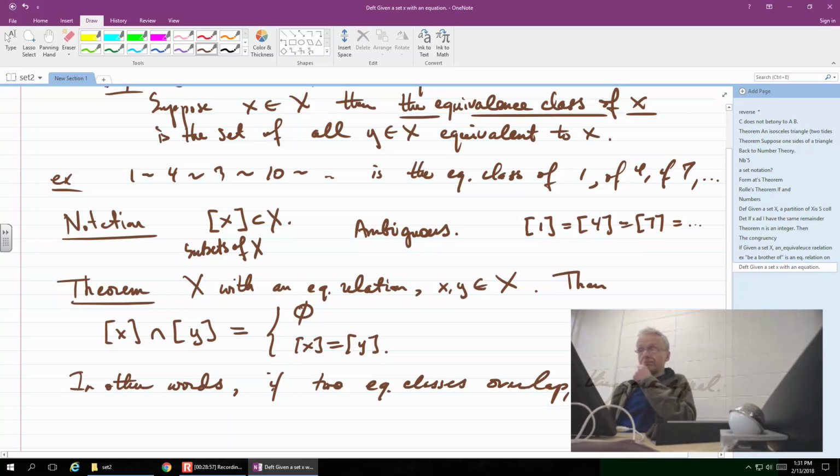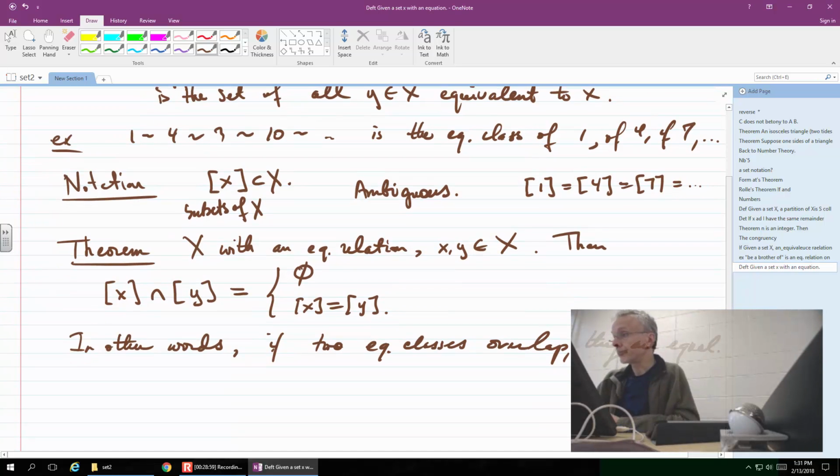Okay? So with parallel lines, the conclusion is predictable. With congruences, even or odd, there are only two classes to begin with.